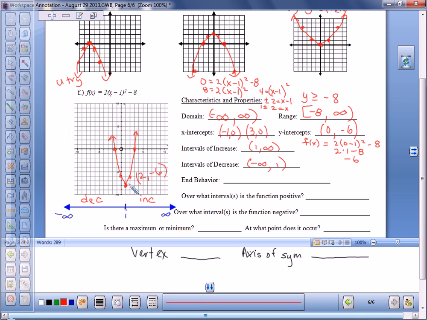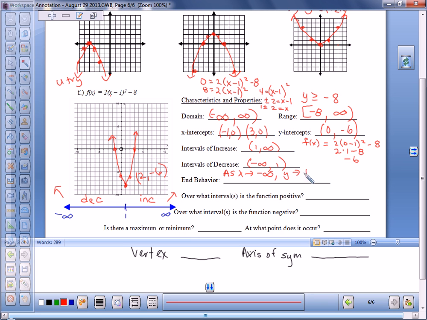All right, end behavior: what happens as we approach negative infinity? This function is increasing. As we approach positive infinity, this function is increasing. So we would describe the end behavior as x approaches negative infinity, the function, and you could use f of x or y, approaches positive infinity. And as x approaches positive infinity, the function also approaches positive infinity.